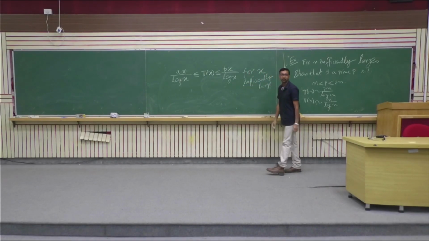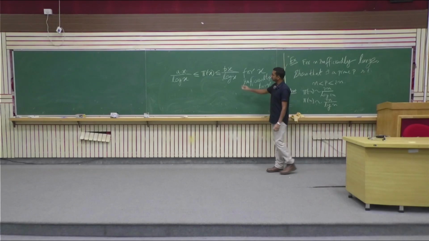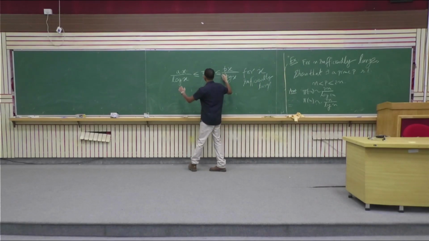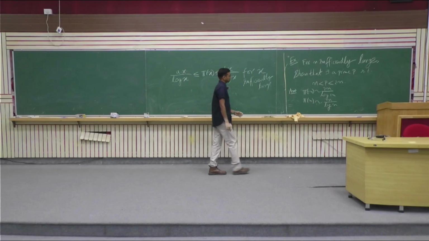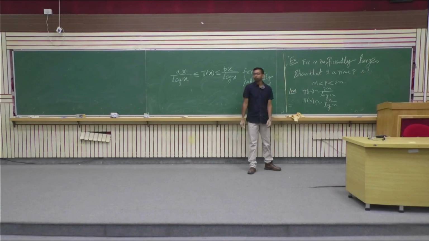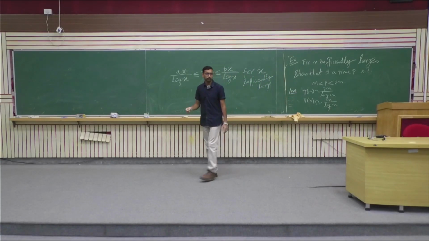We'll figure out what the relation between a and b is, which will allow us to conclude that pi of 2n minus pi n is larger than 0.